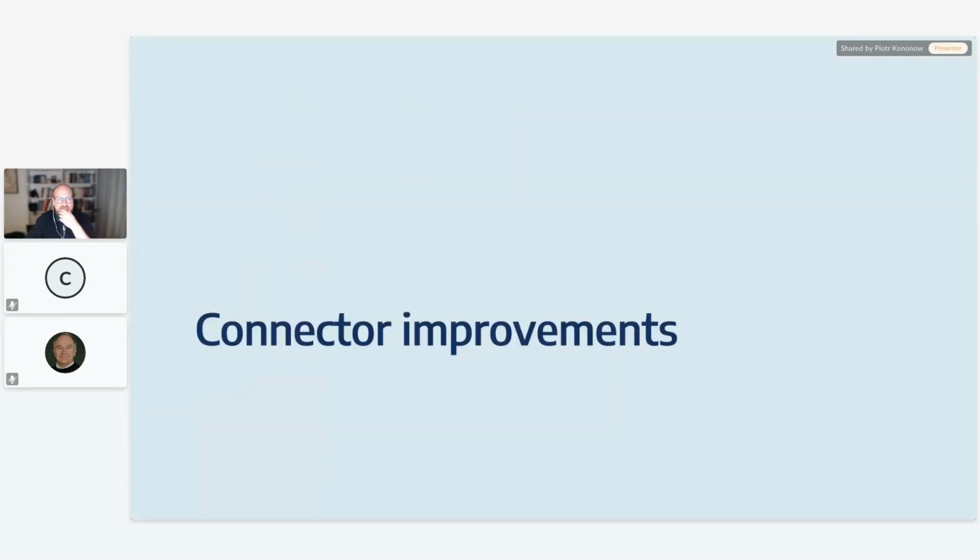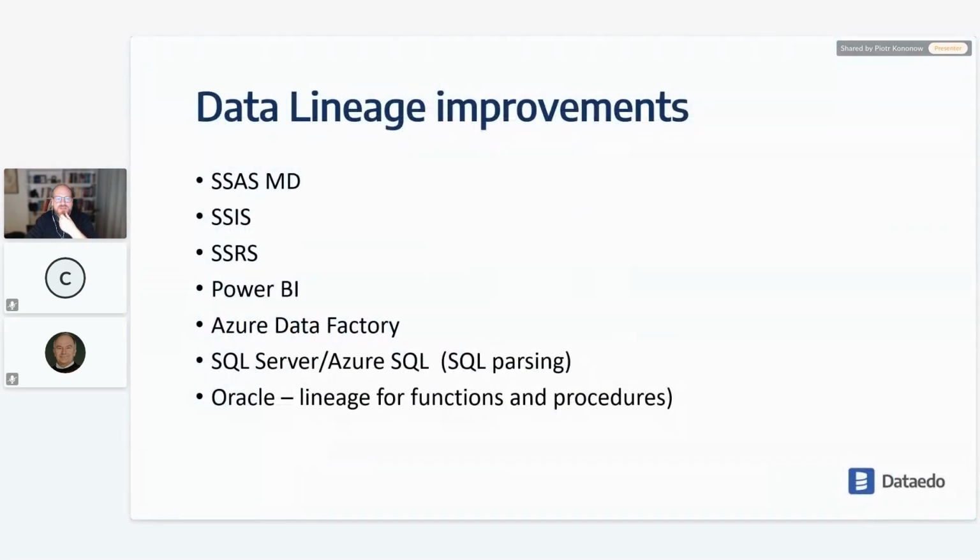And improvements, as I said, Lineage. Data lineage is the theme of almost every release. A lot more automations and improvements. As you can see, mostly Microsoft technologies. This is our specialty: SSIS, SSRS, Power BI, and all other technologies.